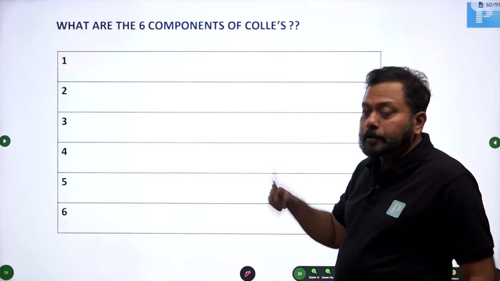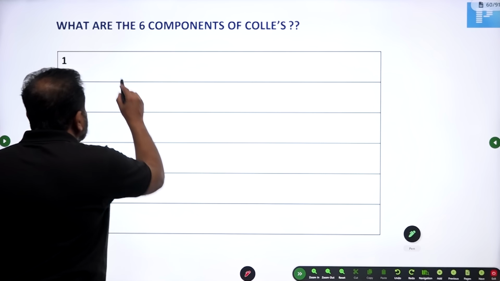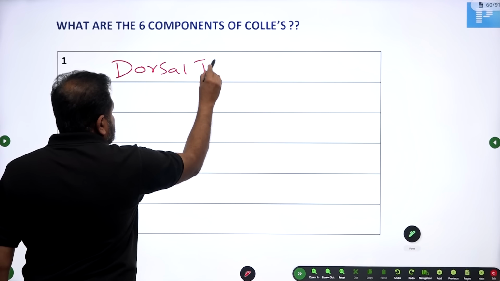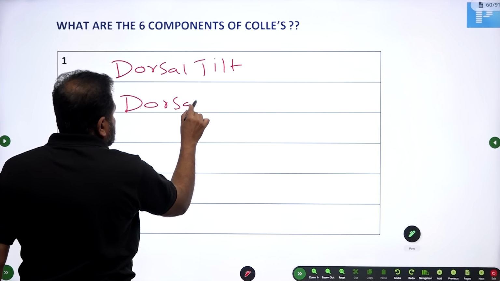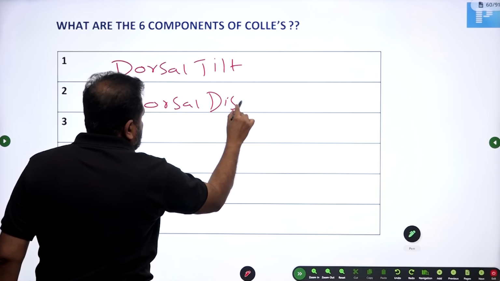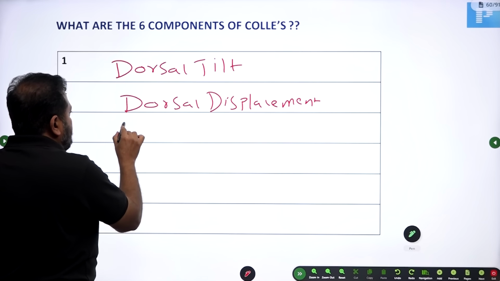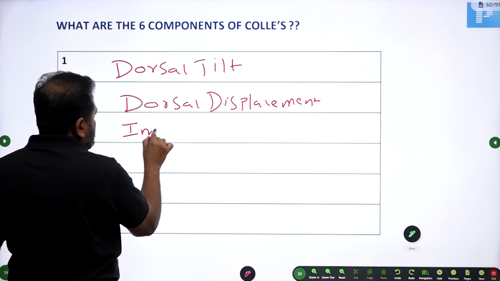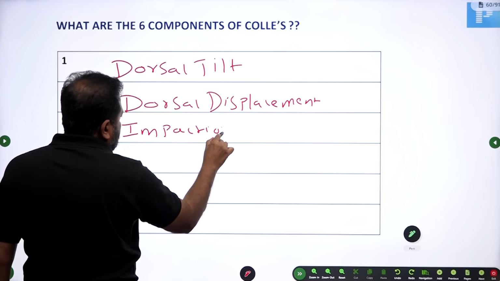Right. What are the 6 components of Colles fracture? Very, very important. Dorsal tilt. Dorsal displacement. Impaction.